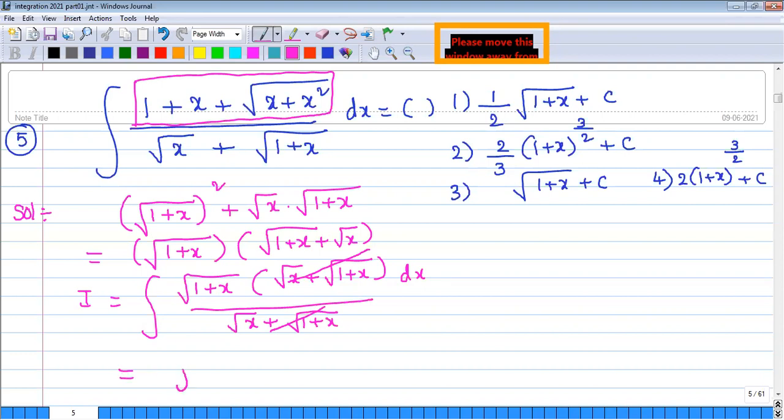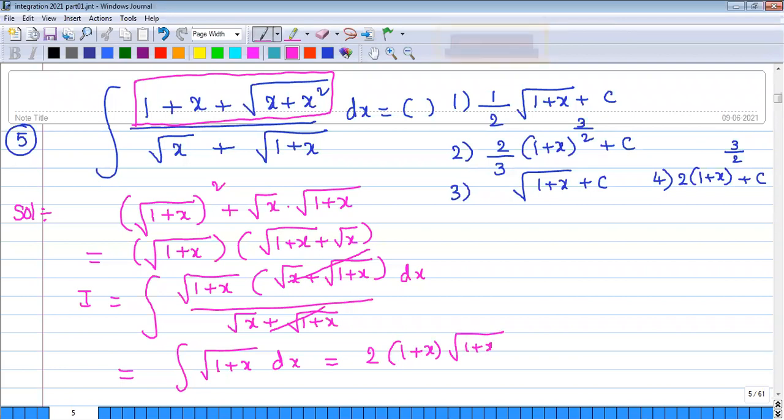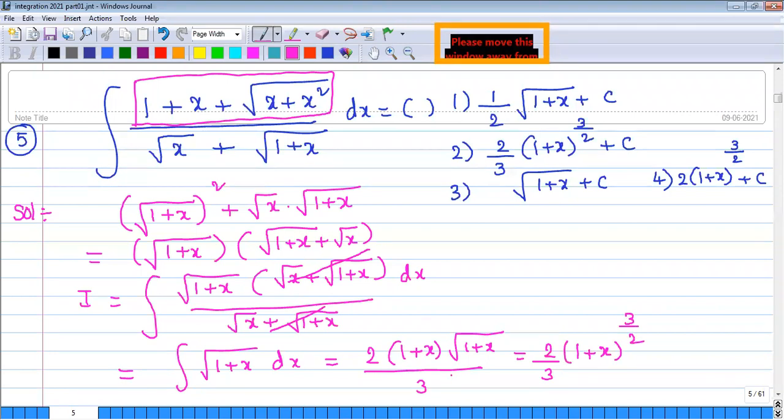We have integral of root of 1 plus x dx. Already we had a discussion: this we can write as 2 of 1 plus x root of 1 plus x upon 3, or 1 plus x whole to the power of 1 plus half, that is 2 by 3, 1 plus x whole to the power of 3 by 2. The answer may be this one or this one plus constant of integration.